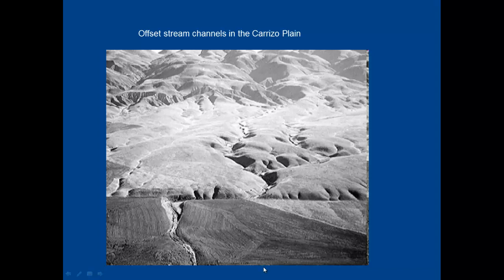But over time, creep and these earthquakes have driven this lower block to the left while the upper block gets driven effectively relatively to the right, and over time these stream beds have been offset, and that is the kind of evidence that we like to be able to see in order to see what kind of movement has occurred in the past and predict how much movement is going to occur in the future.